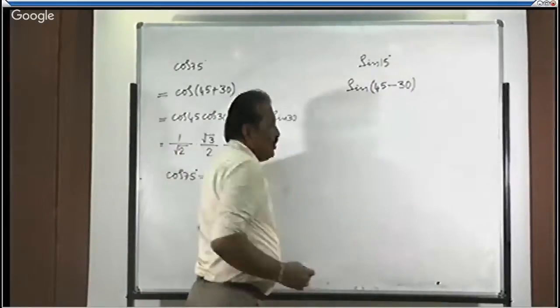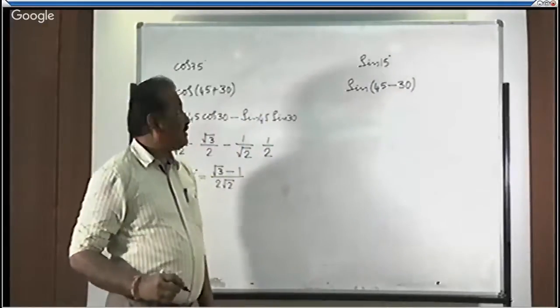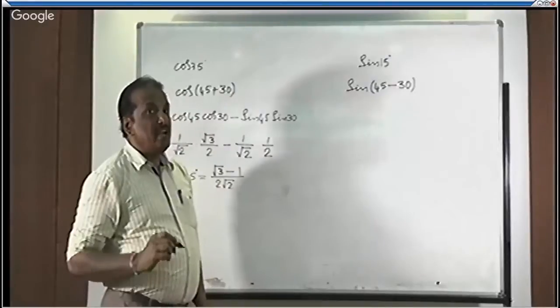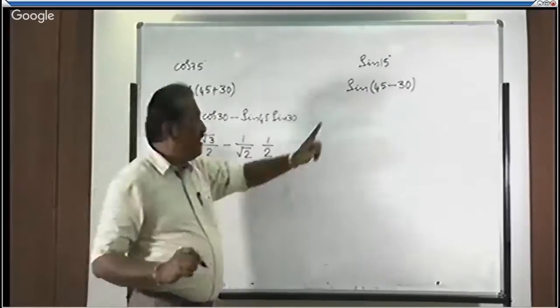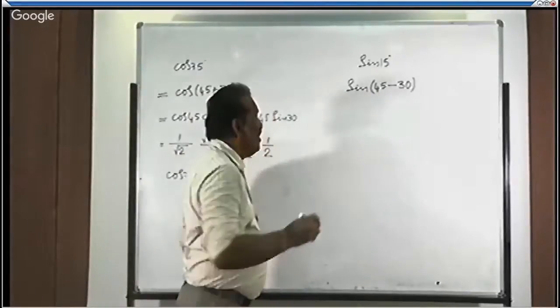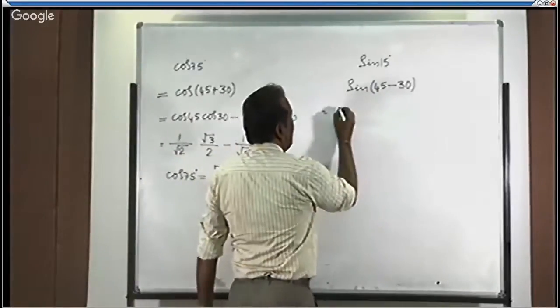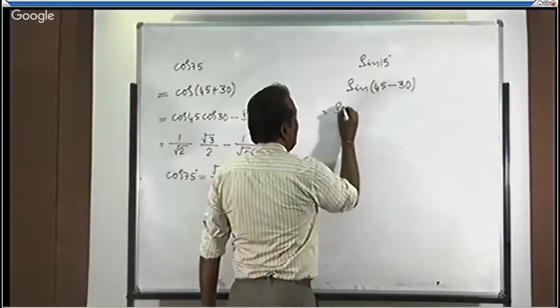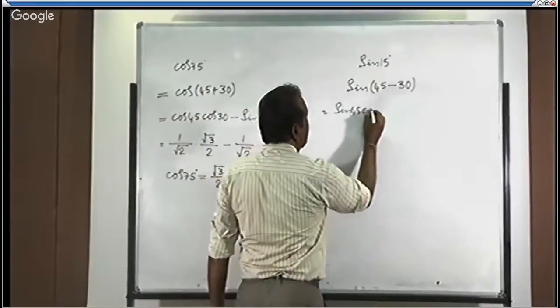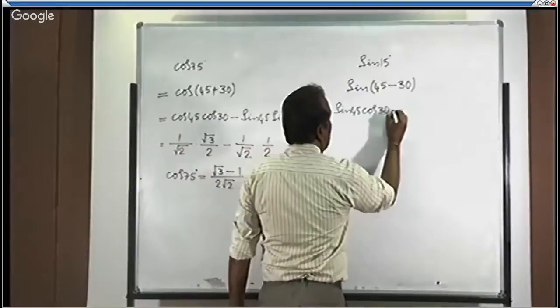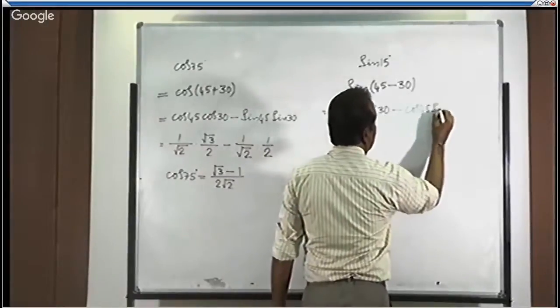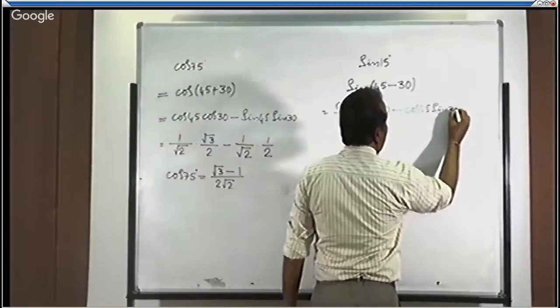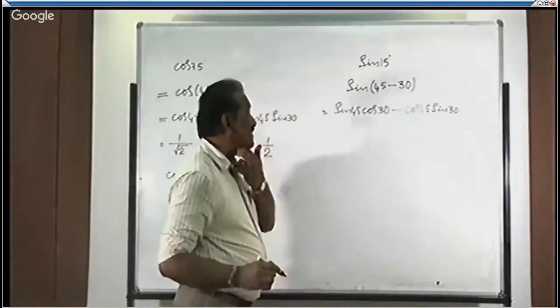If you write like that, the entire expansion is in the form of sin of A minus B, where A is 45 degree and B is 30 degree. Now you can write sin of A minus B as sin A cos B minus cos A sin B.